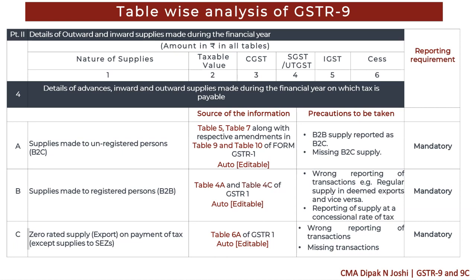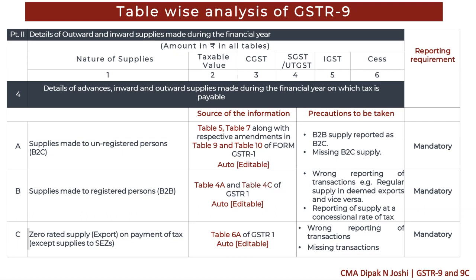Rather, you should make the amendment in B2B transaction. You should amend those invoices. You should make appropriate tick in deemed export and vice versa, right? And then only you should change those figures in GSTR 9.